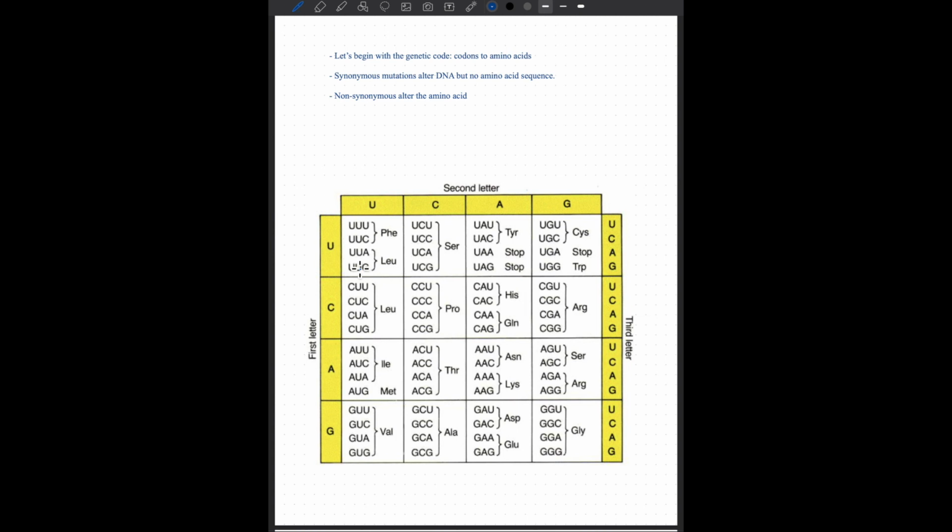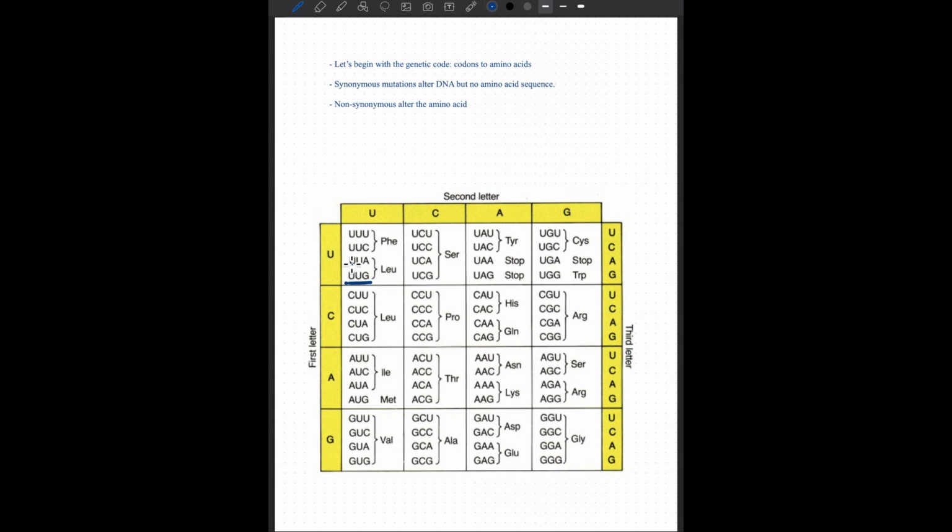For example, if I'm standing at the nucleotide U, and the next nucleotide is a U, and the third letter is a G, then that codes for the amino acid leucine. And I guess all of you know the genetic code by heart.